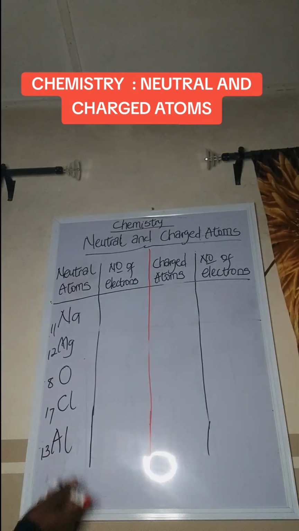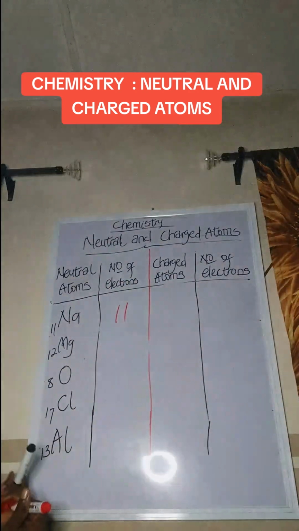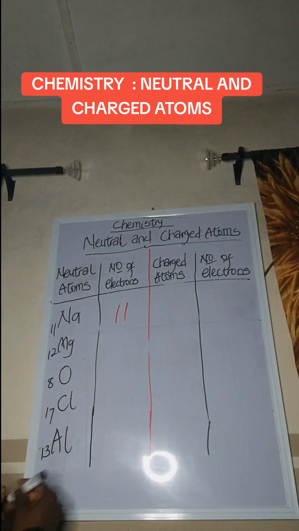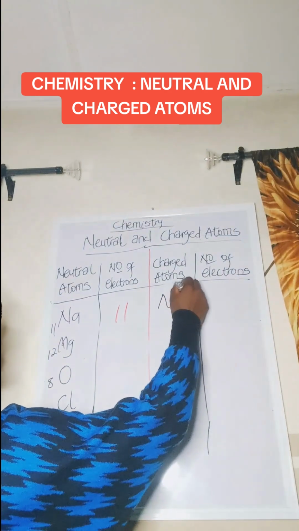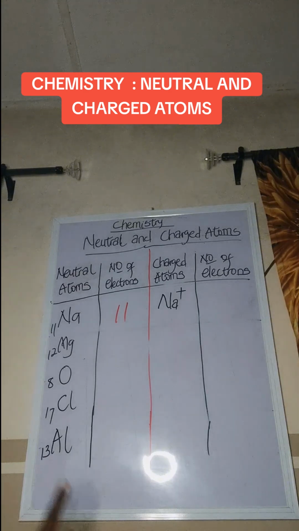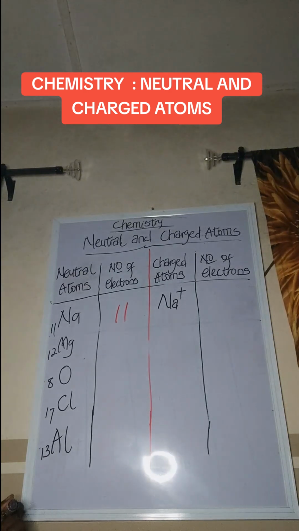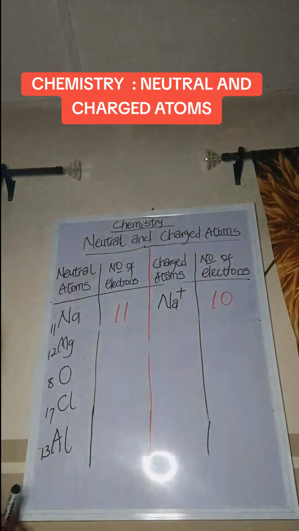So it implies that the number of electrons for sodium here is 11. When sodium is charged, it forms what? Sodium ion, meaning that sodium has lost one electron. So the number of electrons now becomes 10. So it's lost one electron, right?